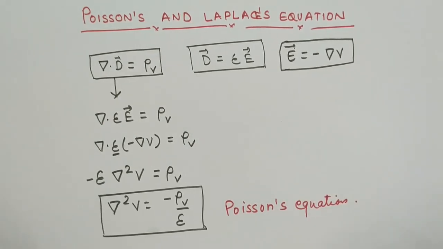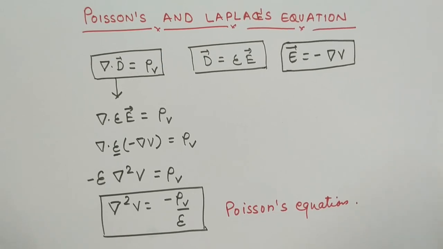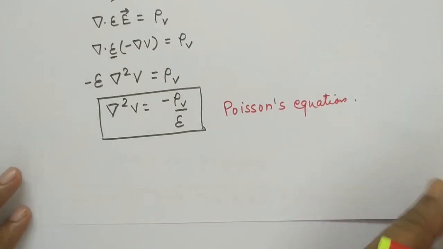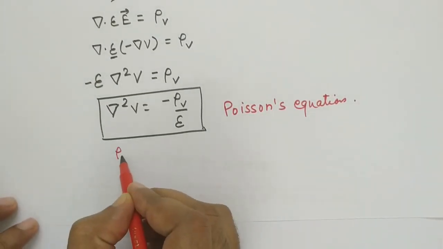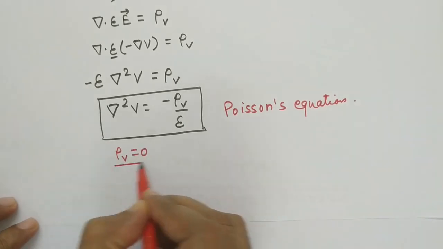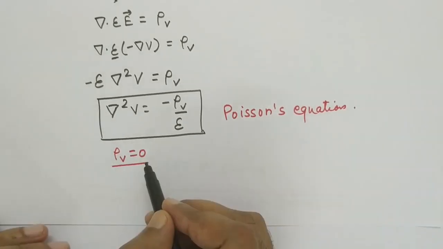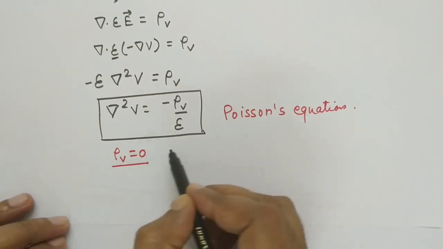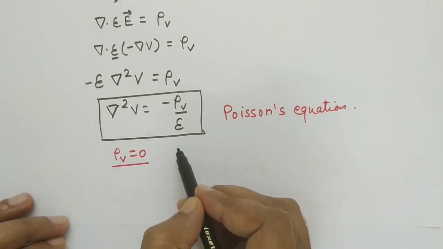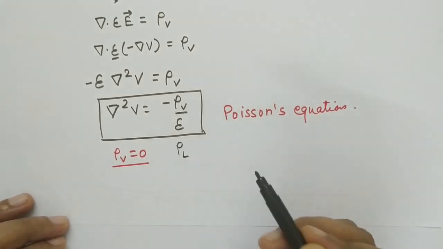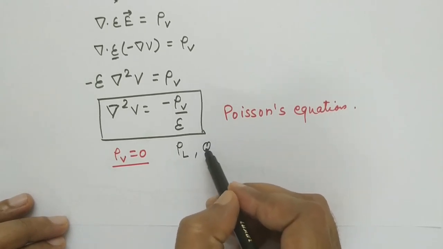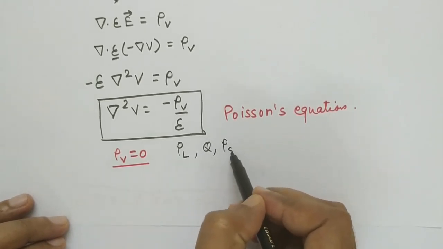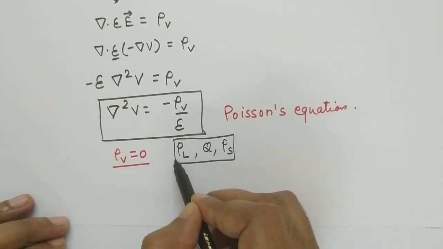If we assume that the volume charge density rho V is 0, that means we are talking about a case where volume charge density is not present, but line charge density, point charge or surface charge density may be present.